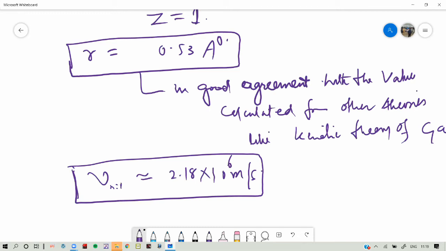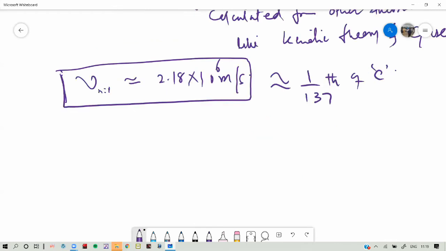It is approximately 1/137th of c. So in this case we can ignore the relativistic effects according to Bohr's theory.